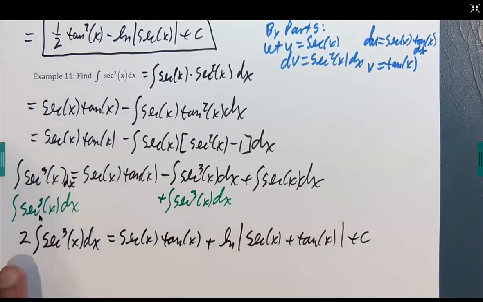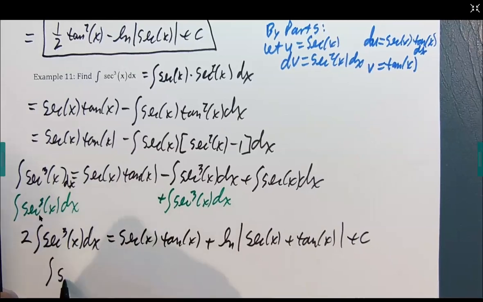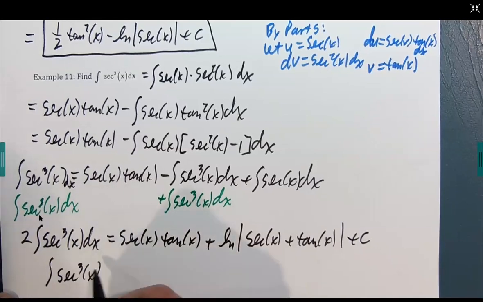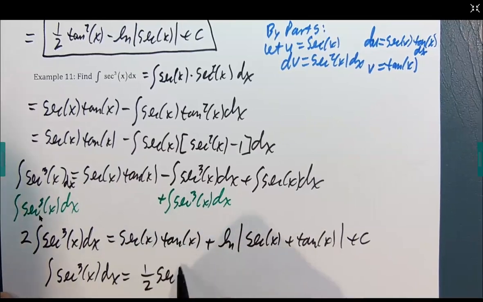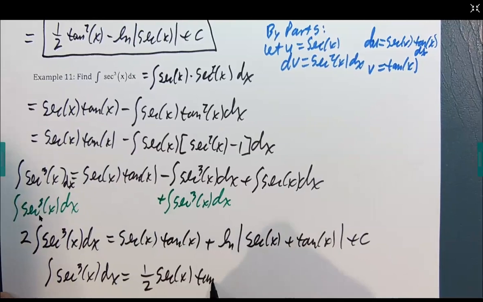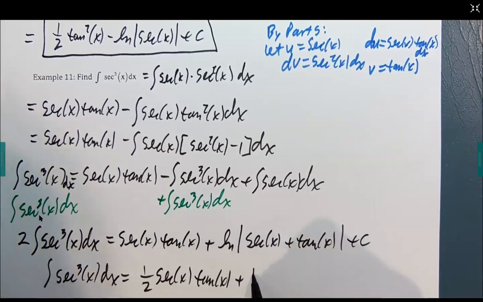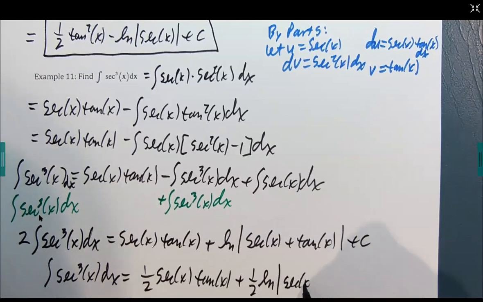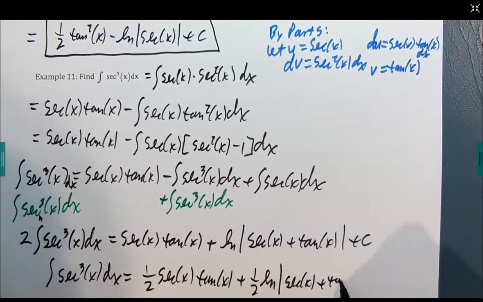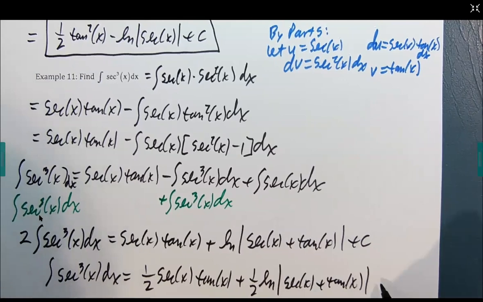I'm going to divide everything through by 2. And so c, a constant divided by 2, is still a constant. So we end up with the integral of secant cubed x dx equals 1/2 secant x tangent x plus 1/2 natural log absolute value secant x plus tangent x plus, I'm just going to put plus c.